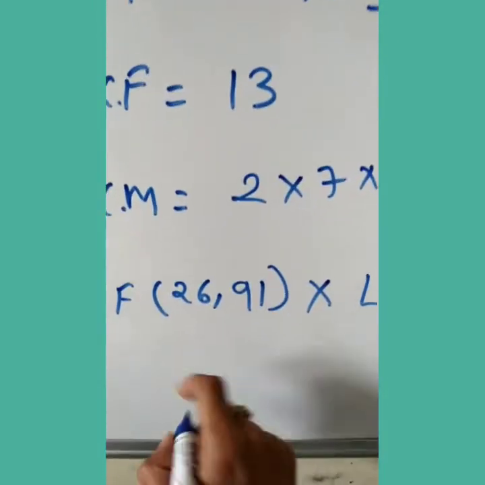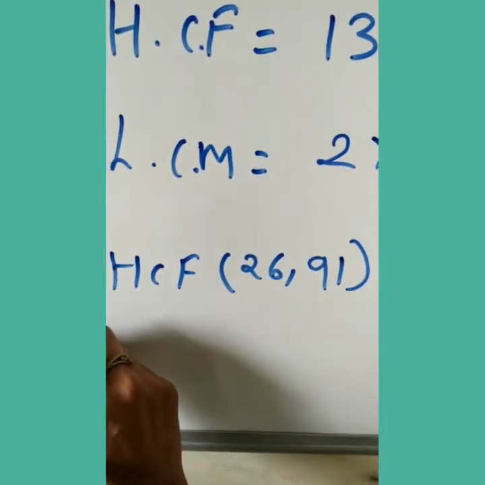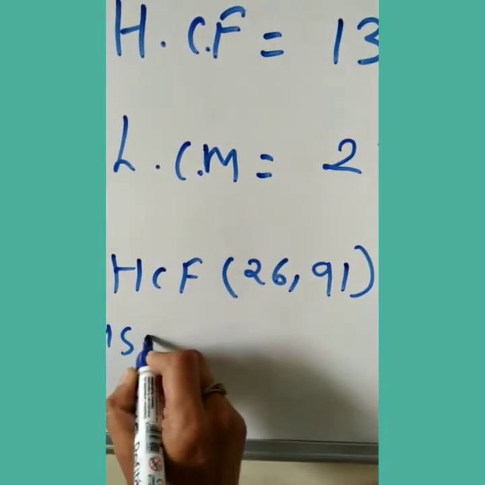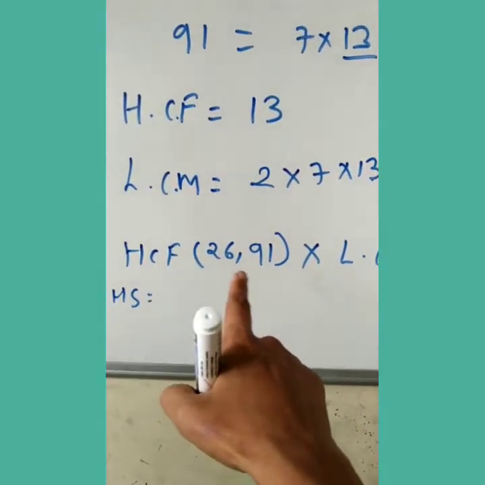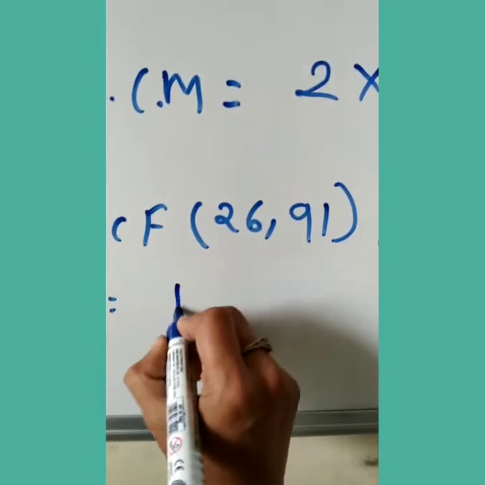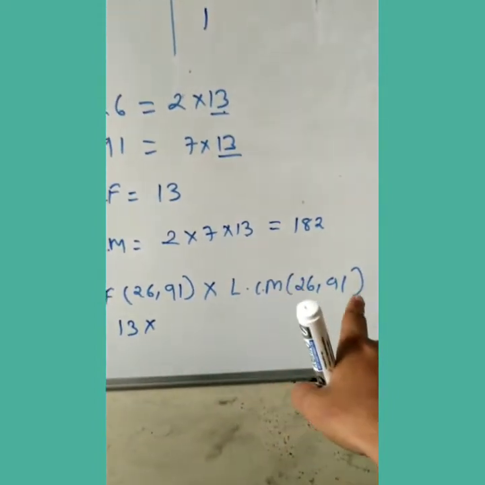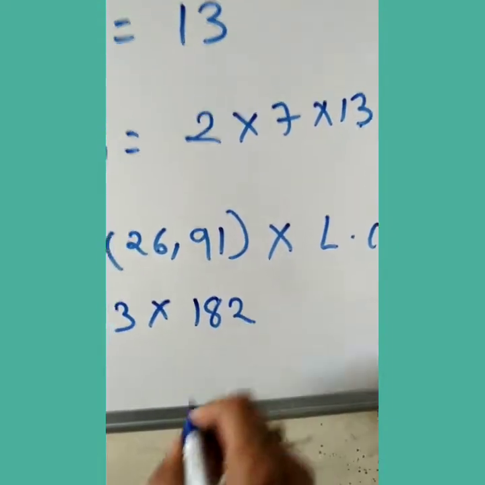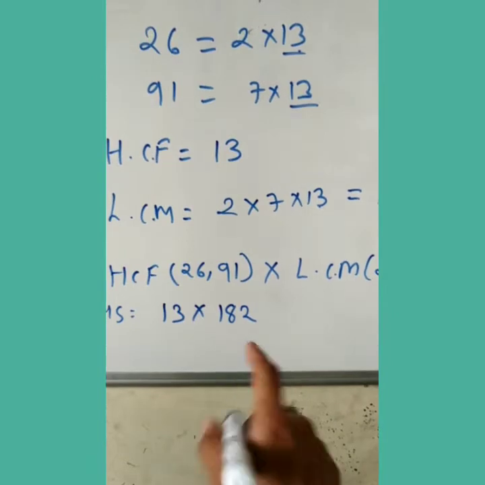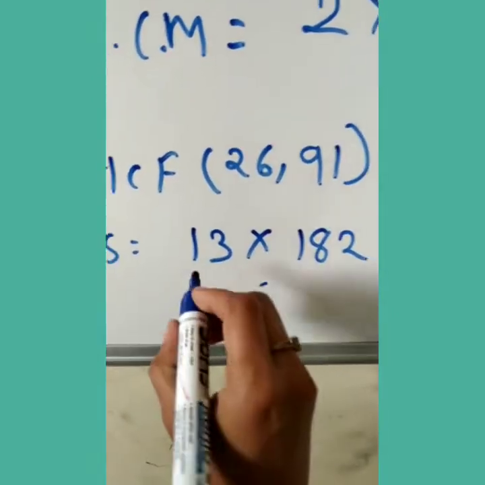We will take the left hand side, which is this one. The HCF of 26 and 91 is 13. So we will write 13 into the LCM of 26 and 91, which is 182. Now we have to multiply both these numbers, 13 into 182.